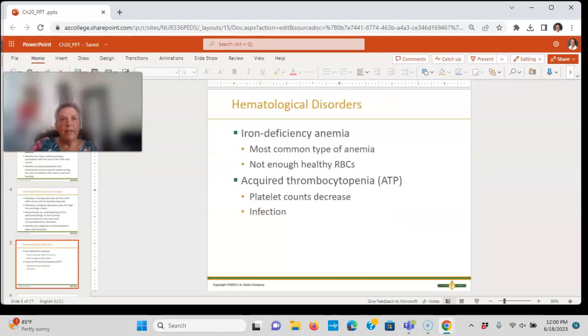Iron deficiency anemia is the most common type of anemia, just not enough healthy red blood cells. So screening hemoglobin at 12-month health supervision visits. Until 12 months, they're not making enough of their own iron. They're getting it from their food. So at 12 months, it's time to start thinking about looking for iron deficiency anemia.